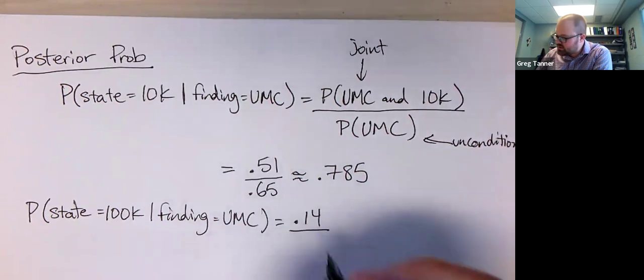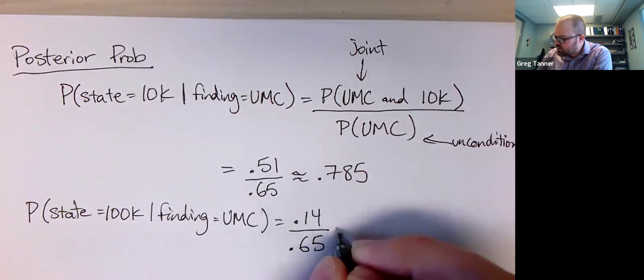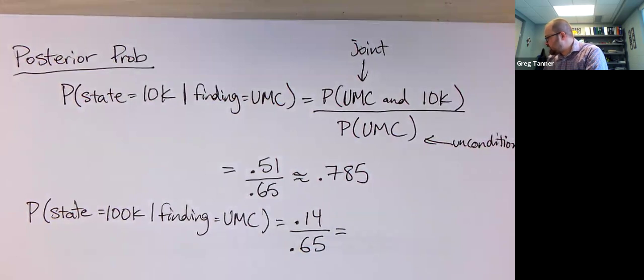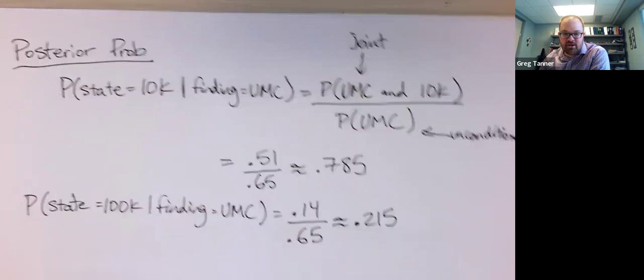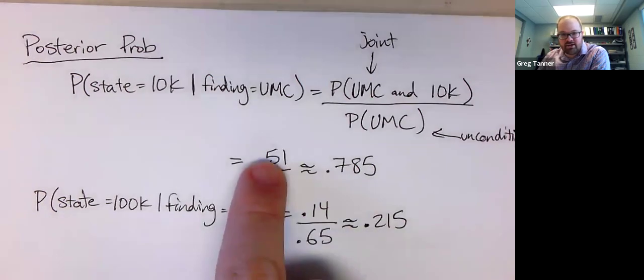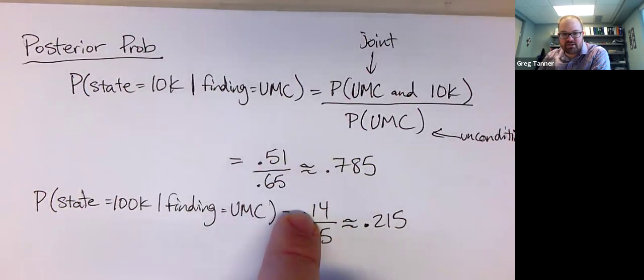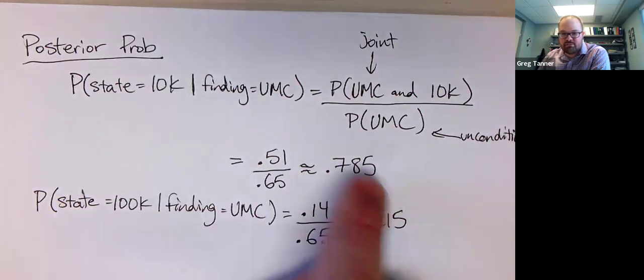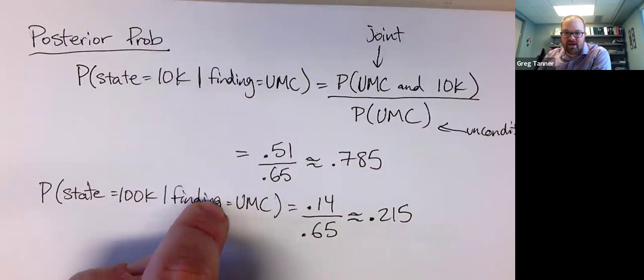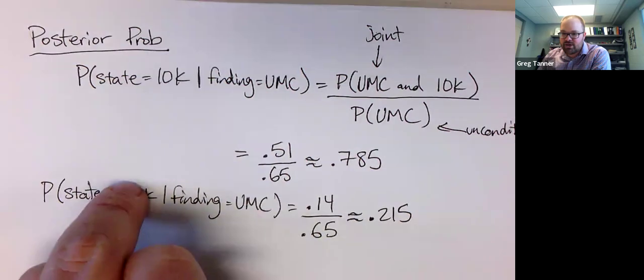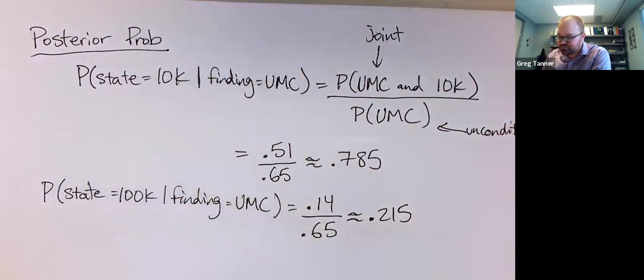That happens to be the same 0.65 that we used up here. And that ratio gives us 0.215, or approximately 0.215. The thing to note here is because these two have the same denominators and the tops of the fractions add up to the 0.65 as well, these two probabilities should add up to 1. That's also because they're both given the same finding. These are the probabilities of the two outcomes, or the two states of nature.